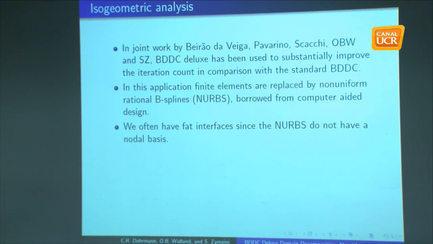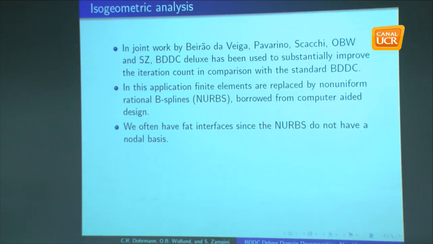So potentially you have a very large portion of your unknowns on these fat interfaces instead of in the interior. So then the question arises, can we use adaptive methods to select relatively few primal variables, much, much smaller than all these degrees of freedom that we have on the fat interfaces?